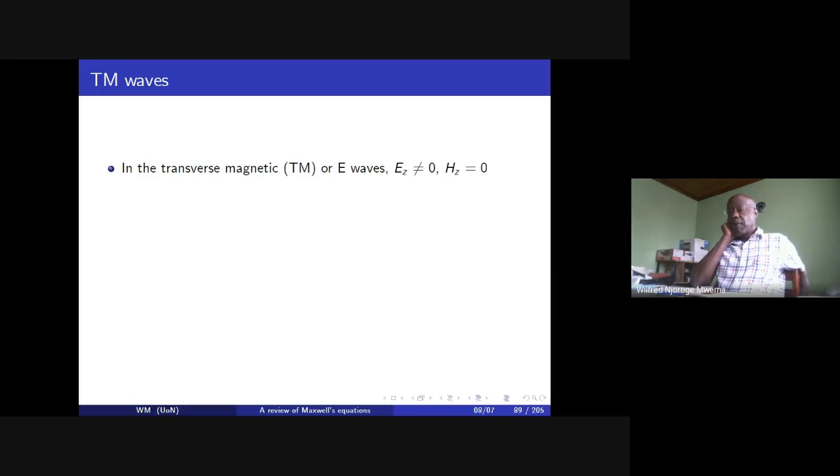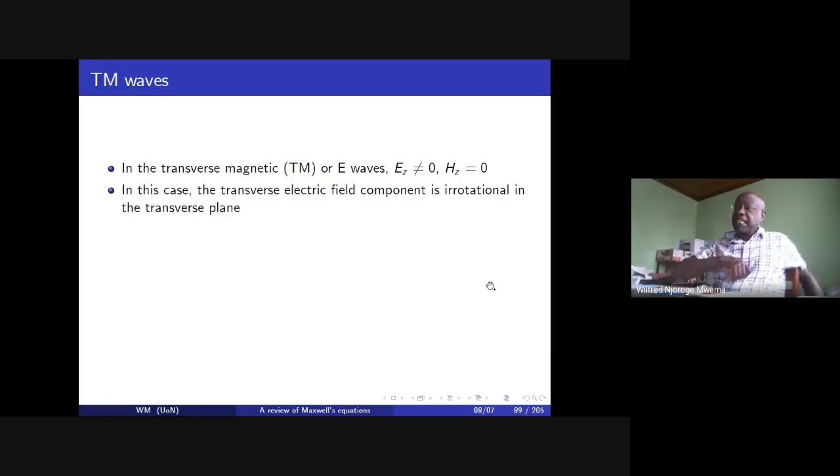Therefore, once we specify the axial component of the electric field, all the other components in that wave will be determined.